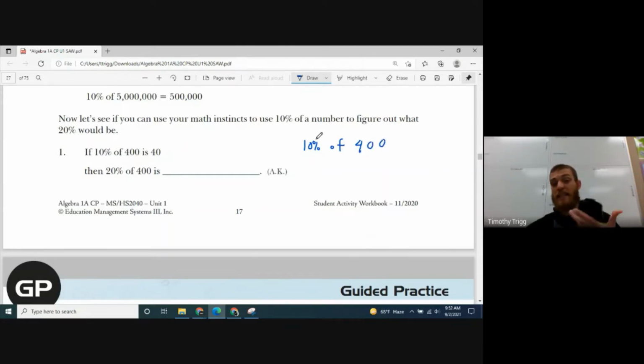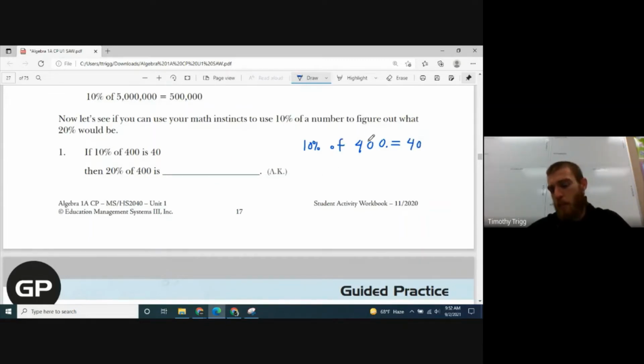That's the same as asking 10% times 400. You could always change this to a decimal and multiply by 400. But essentially the decimal at the end of 400 is right here. When you're taking 10% of it, you move the decimal over just one place. So 10% of 400 is 40.